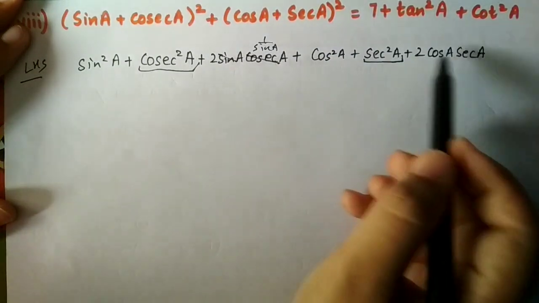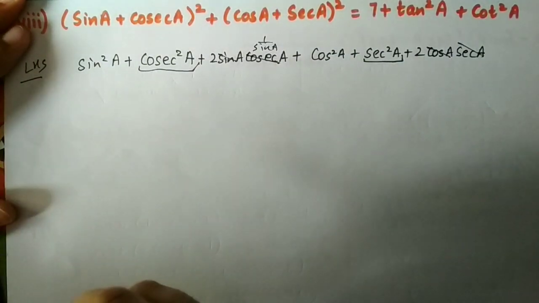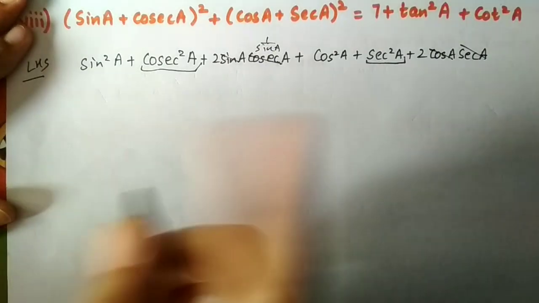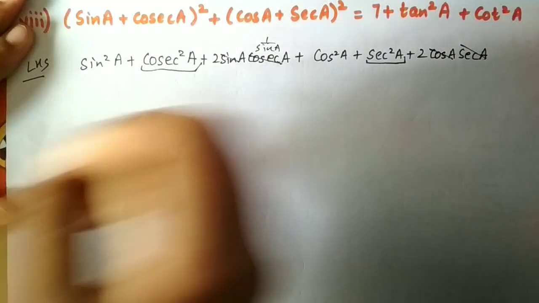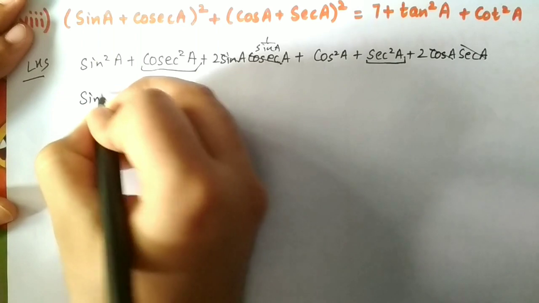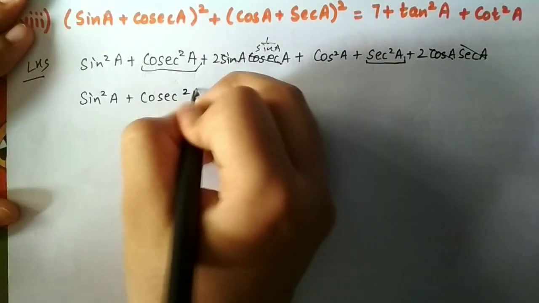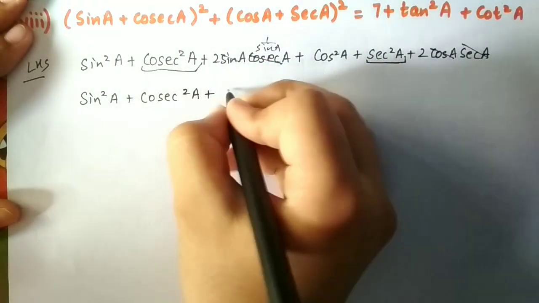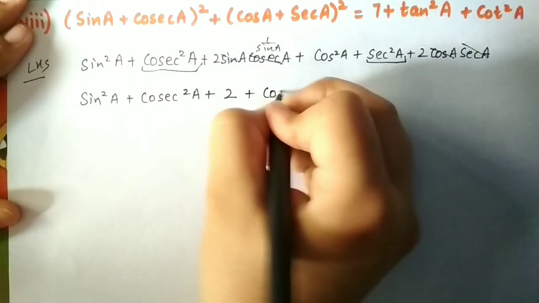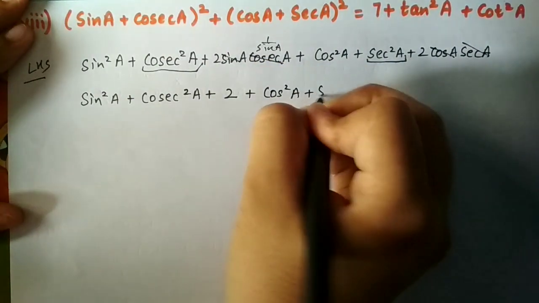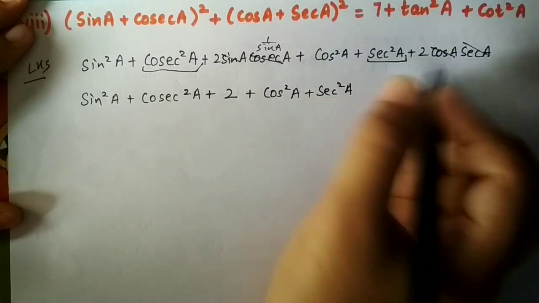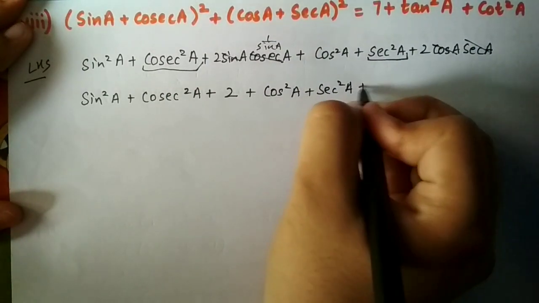So this will cancel and cos a and secant a will also cancel, and after cancelling they will become 1. So now we have sin square a plus cosecant square a plus 2 into 1 that is 2, plus cos square a plus secant square a plus 2 into 1 that is 2.